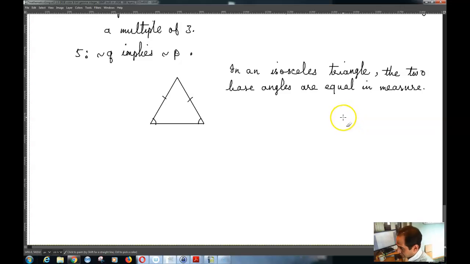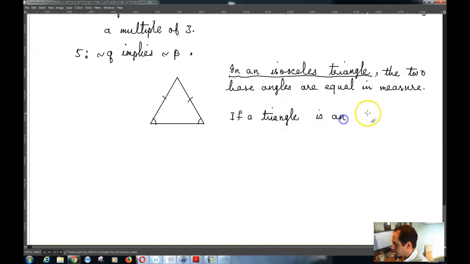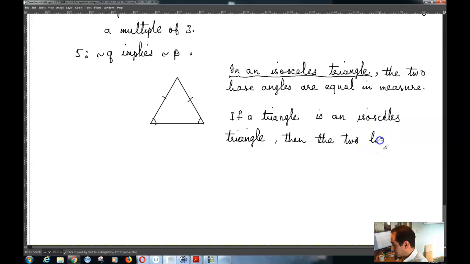So what I'm saying here is that when I say in an isosceles triangle, this is again an if-then kind of thing, meaning that if a triangle is an isosceles triangle, then the two base angles are equal.